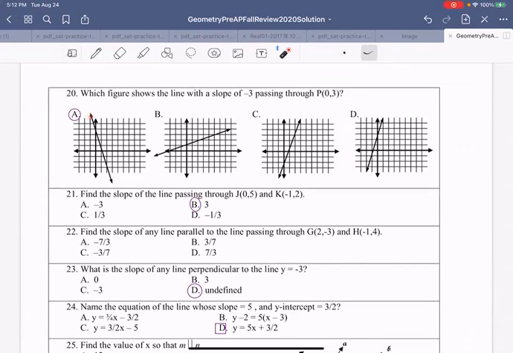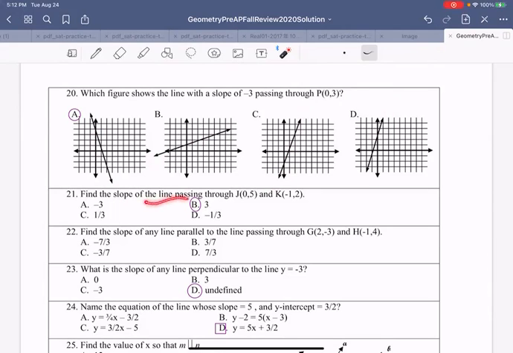This is asking you for a slope of -3. You see the negative. This is positive. This is positive. This is the only one with negative slope. So that's it, right? Passing 0, 3, that's the y-intercept, okay?